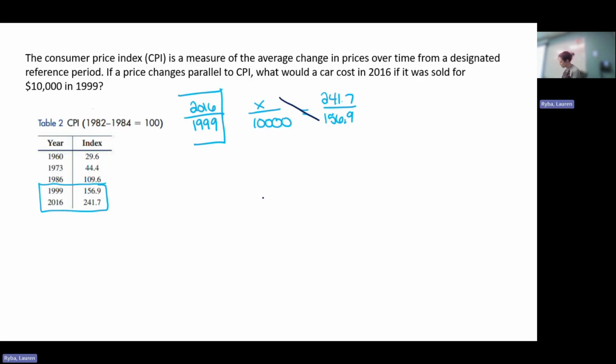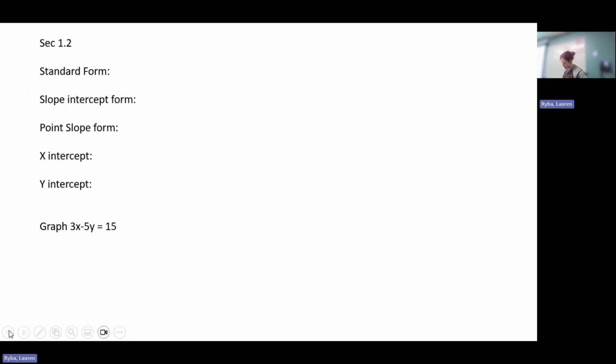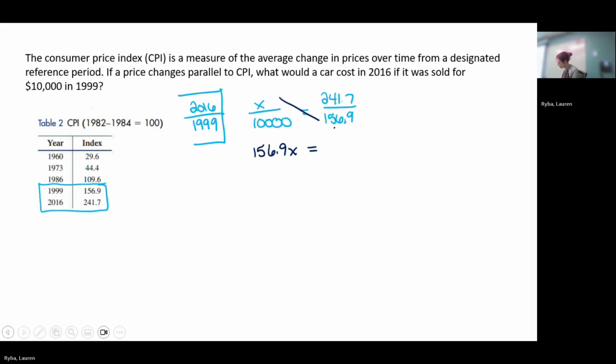All right, so I'm going to multiply x times 156.9. So 156.9x equals, okay, this is freaking out on me. Okay, and then if I take 10,000 times 241.7, 241,700.